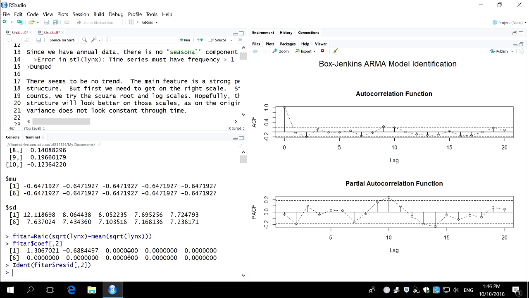Prediction based on this modelling would only predict the square root of lynx to be a constant forevermore. Now, this will not sit well with people who look at that initial graph. When you look at the initial graph, you are seduced by the wiggles. And you think to yourself, surely I should be able to predict better than just a flat line.